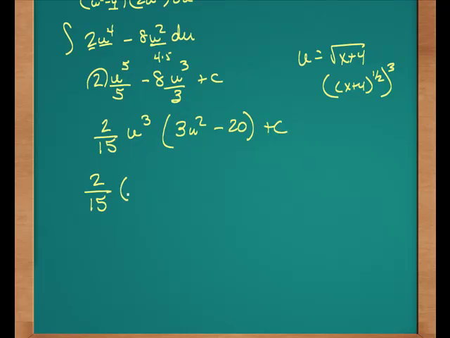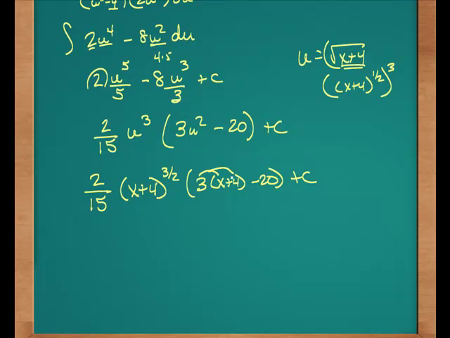So we end up here with x plus 4 to the 3/2. Inside we end up with the u squared. Well, when you have a square root and you square it, you're left with just what's inside. So we have 3, and the u squared is replaced with x plus 4, and then minus 20 plus c.